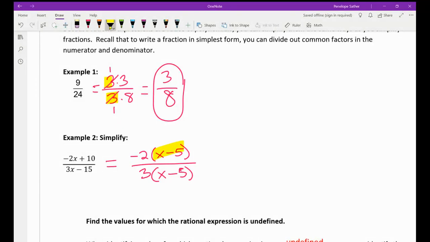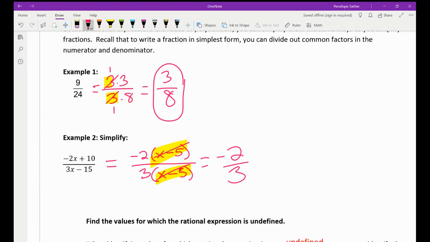Sometimes it turns out to be those bigger expressions, like x minus 5, that are the same. And so we can do the same thing that we did before. We can just cancel those out. Get rid of the x minus 5s, and you end up with a nice friendly fraction, negative 2 over 3.